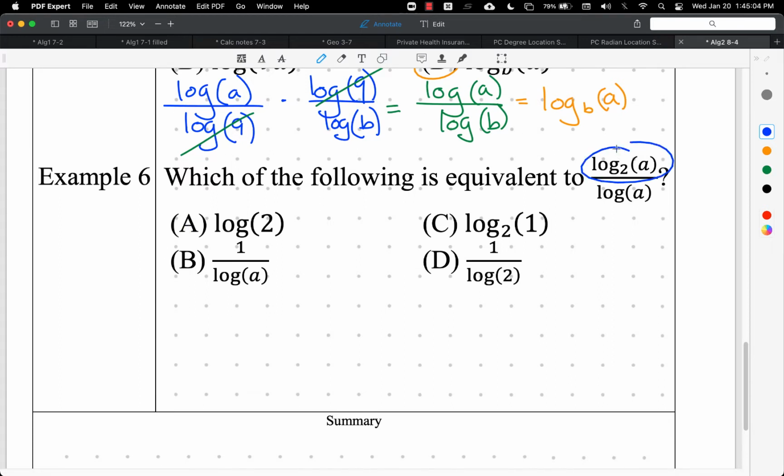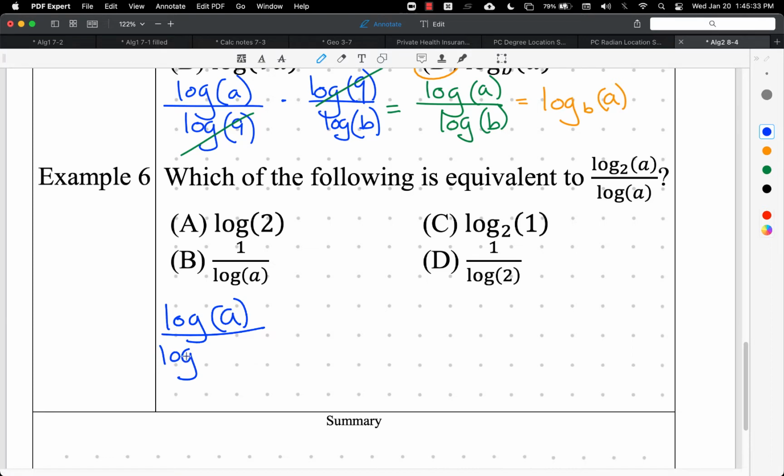Change of base formula. I'll help you. It's a fraction. And then log of the other part.